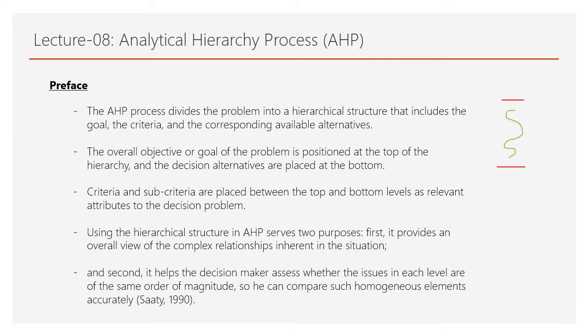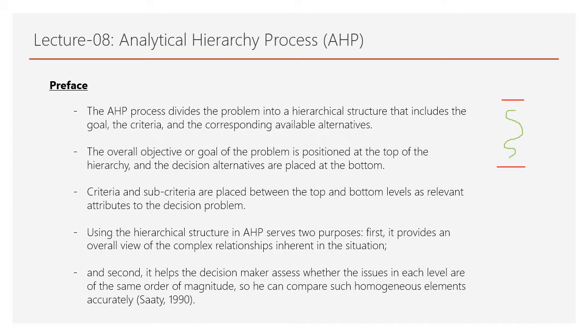Okay, so using the hierarchical structure in AHP serves basically two purposes. First, it provides an overall view of the complex relationships inherent in the situation, and second, it helps the decision maker better assess whether the issues in each level are of the same order of magnitude, so he can compare such homogeneous elements accurately. So it's a visual tool at the same time, so it is appealing to use.